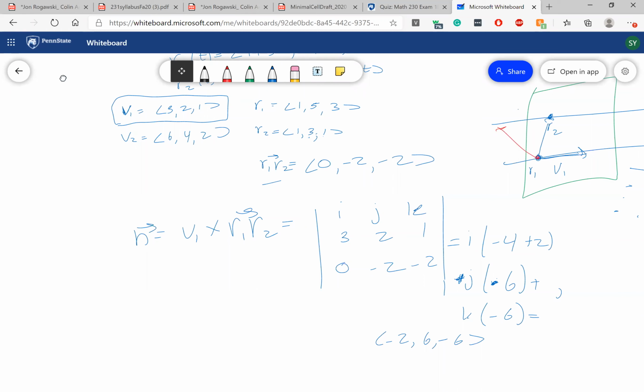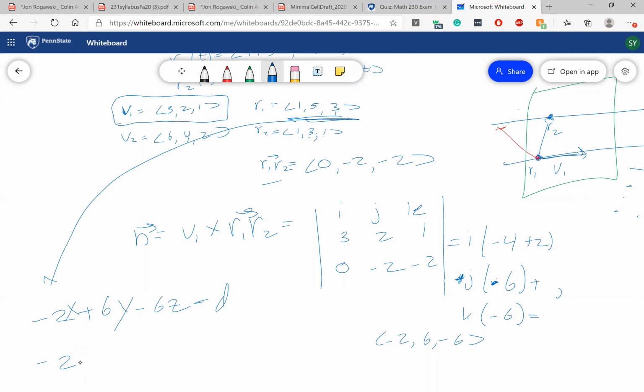Now, let's just take a point on the plane. R1 is a good point on the plane. Why not? So the point 1, 5, 3. So my plane is going to first be negative 2x plus 6y minus 6z is equal to some number d. Now let me plug this point in to find my d.